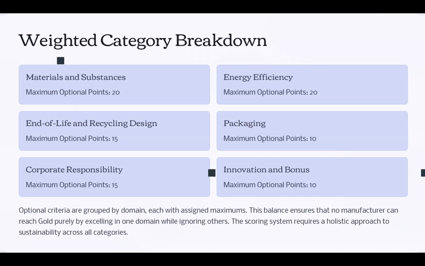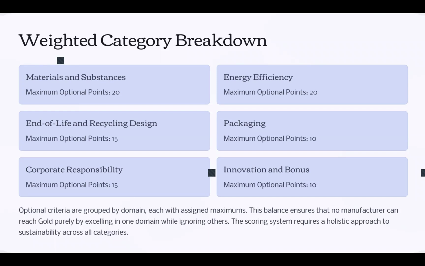We have energy efficiency, which also has a max of 20 points. The points here come from reducing the power used during normal operation or standby or sleep modes. Another category is end of life design. The maximum that can be earned in that category is 15 points.